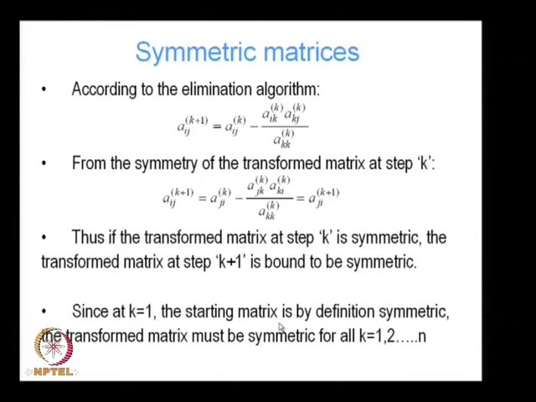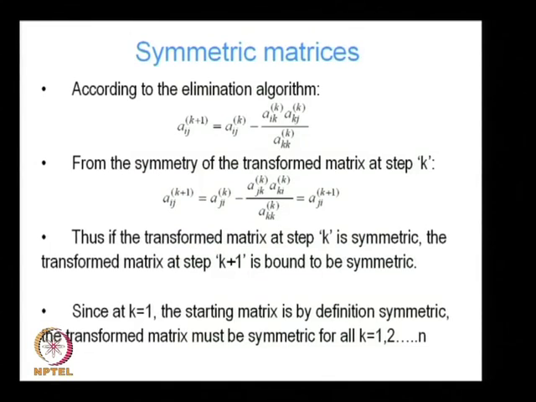Since at k equal to 1 the starting matrix is by definition symmetric, because our initial matrix was symmetric, the transform matrix must be symmetric for all k equal to 1, 2 through n. Why is that?